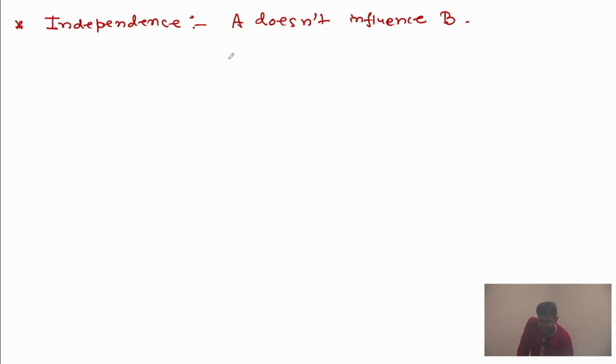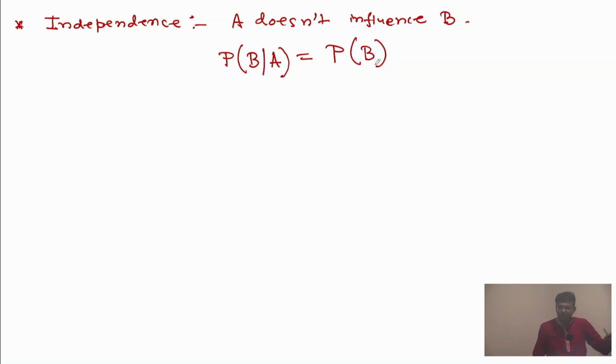So, this means probability of B given A should be equal to probability of B. If these two events in our example were dependent, but if they are independent, then it should not matter whether that event has occurred or not.